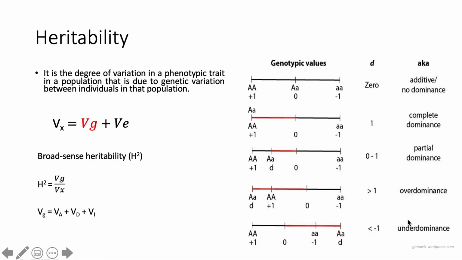And we have underdominance, which is the same but in the other direction, so the heterozygous has a lower value than the recessive homozygous lines. As you can see, there are different kinds of dominance, and the variance between those kinds of dominance is taken into account in the dominance variance right here in the formula.